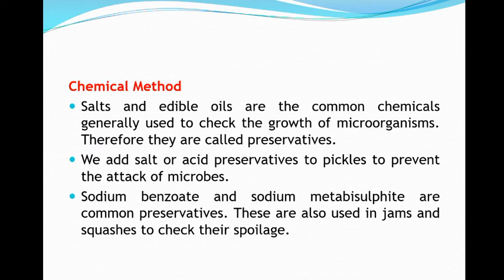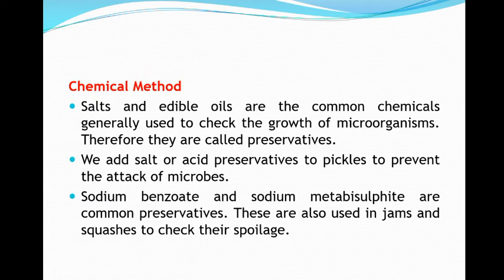In our home we use different kinds of pickles like mango pickle and tomato pickle, so we can use them throughout the year. So by adding preservatives like salt, edible oils or acid preservatives, we can control the growth of microorganisms.